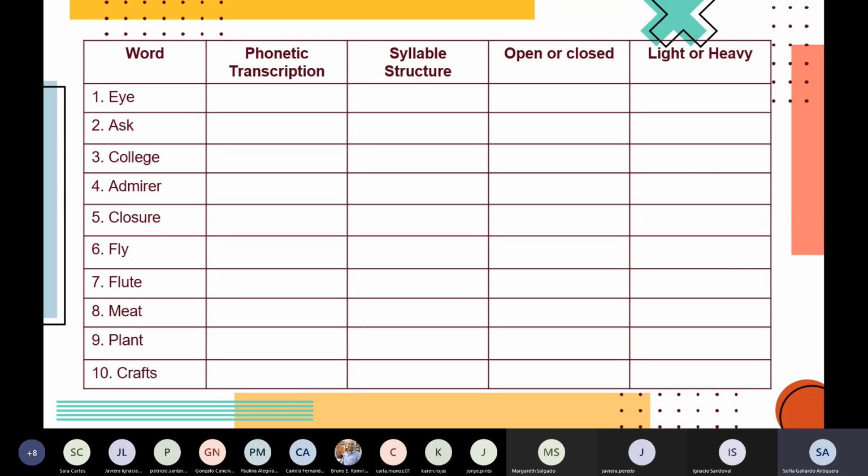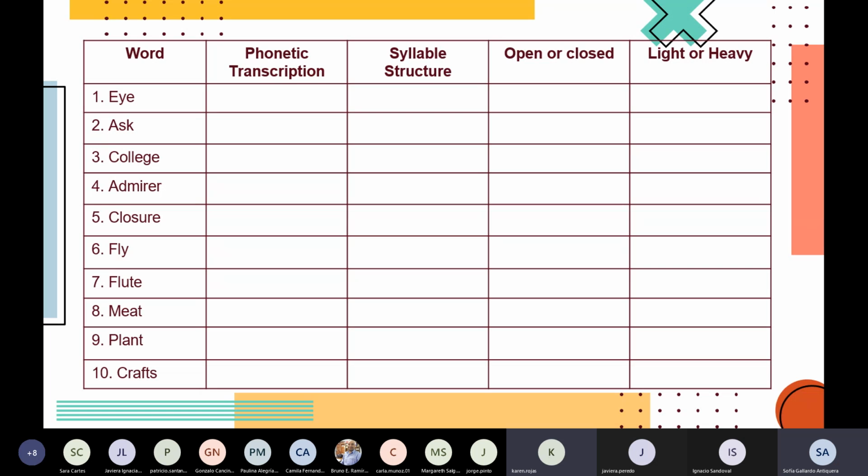Okay. Are you ready? Let's start. The first one, can Karen Rojas tell me your answers, if that's fine? Yes. Perfect. The syllable structure: vowel, open syllable, and heavy syllable.